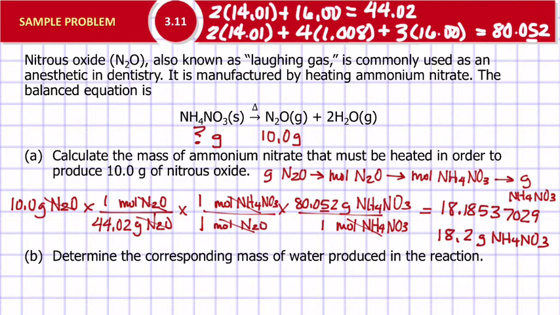How much water would be produced along with that? Well, that's a different question, isn't it? So now they're asking us, what mass of water? Well, again, we've just got this information here, the mass of N2O.